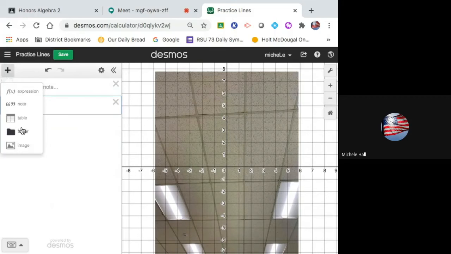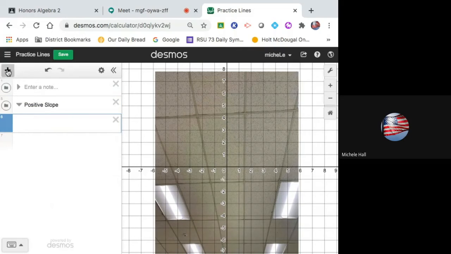I could have a second folder, and I could say that this is positive slope payment. And then I could upload a second picture in here. So it's a way to keep yourself organized in Desmos.